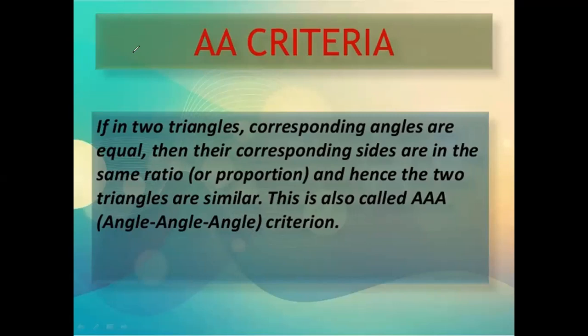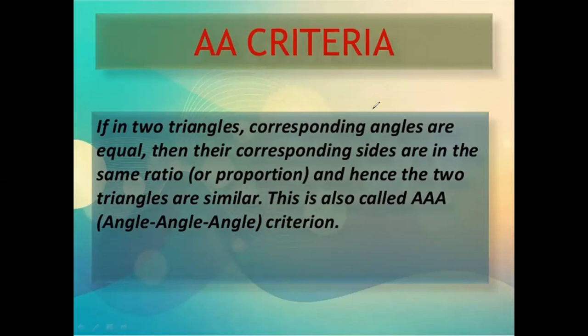Okay, so this is now the first test. If in two triangles the corresponding angles are equal, then they are similar triangles. So the two triangles are similar when their corresponding angles are equal. And of course, if the corresponding angles are equal, then the sides also should be proportional to each other. So angle to angle criterion.